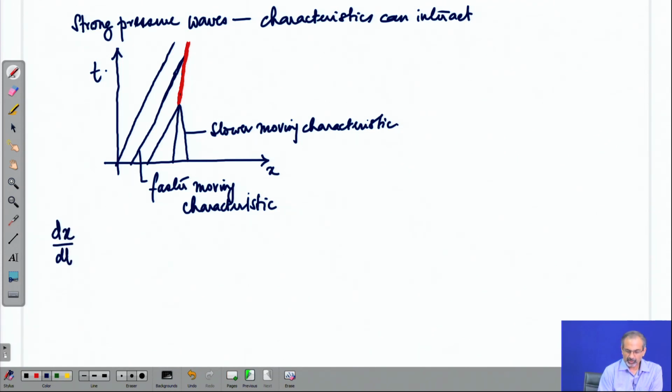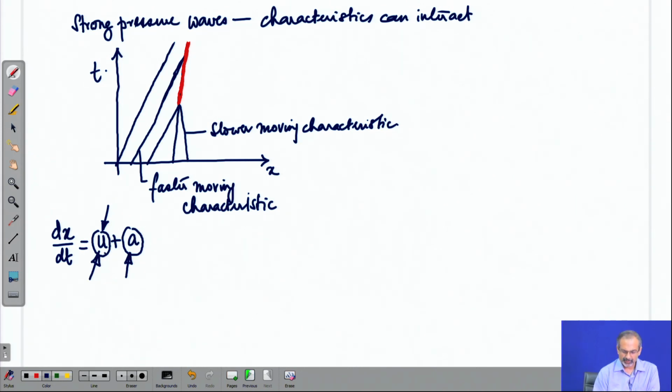When we talk about strong pressure waves, the presence of high pressure gradients within the flow also induces a flow velocity in the bulk sense, and in such a situation the dx/dt of the characteristic waves are not only influenced by the value of a, that is the sonic speed, but also by the local flow velocity.